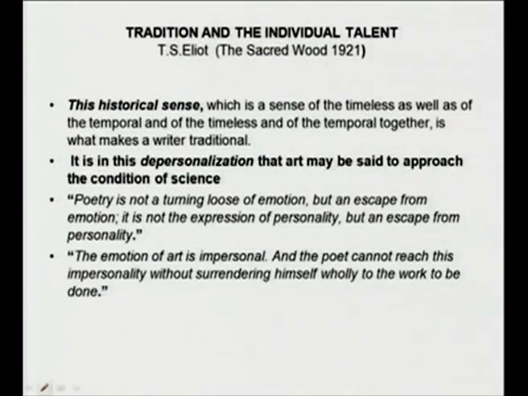This historical sense, which he calls the sense of the timeless, we are talking of timeless literature just now, something of all universal values, as well as of the temporal and of the timeless and of the temporal together, is what makes a writer traditional, what makes a critic traditional, what makes a creative poet traditional.